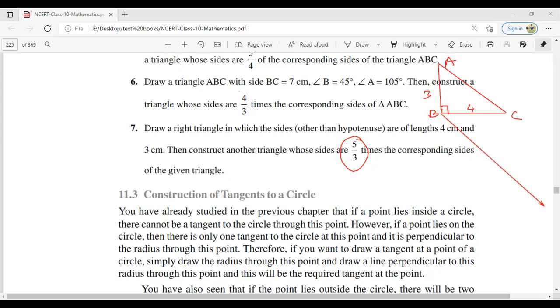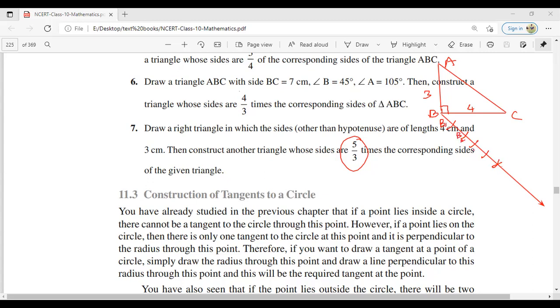and now divide this ray into how many parts? 5 parts. So maximum part is 5. 1, 2, 3, 4, and this is 5 parts. Use compass. This I am doing in a rough way.